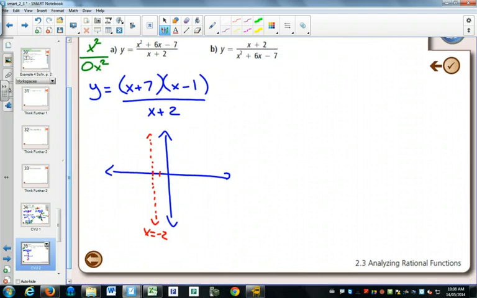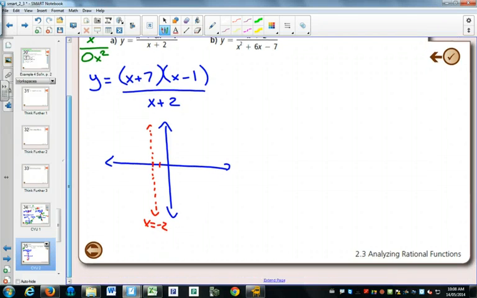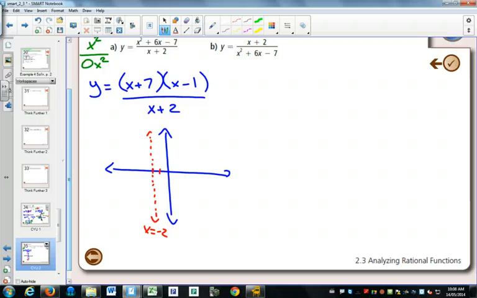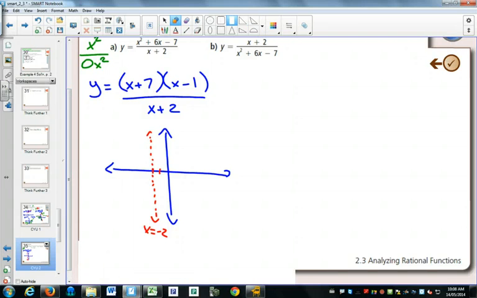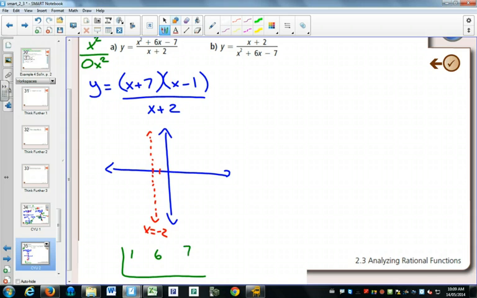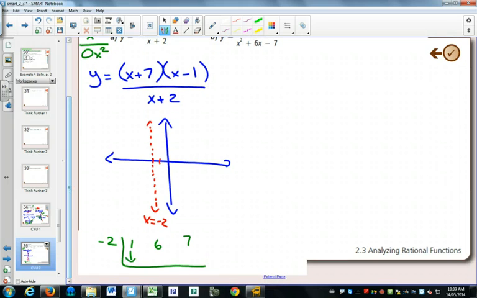Can you use synthetic division for this one? Yes. So we'll set it up. We've got 1, 6, 7, and we would be dividing by x plus 2, so we put negative 2 there. Bring down the 1, negative 2, add, 4.